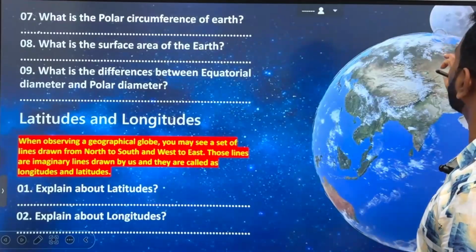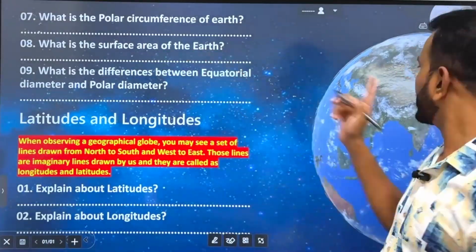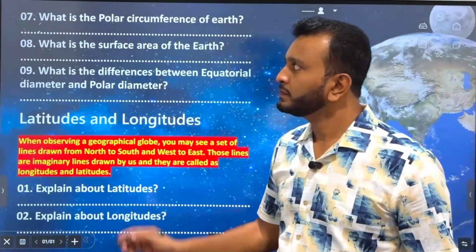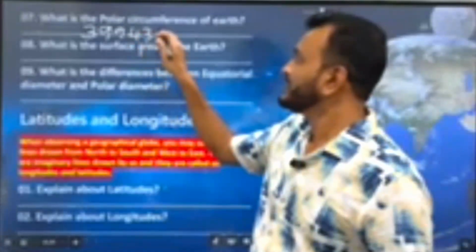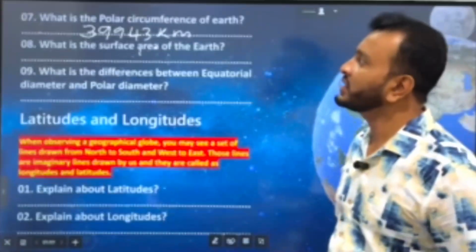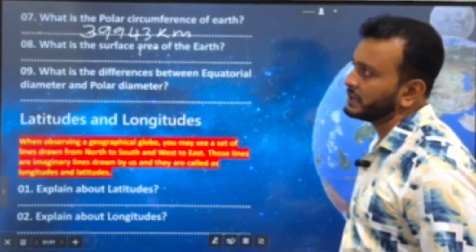What is the polar circumference of the earth? 39,943 kilometers. That is the polar circumference.